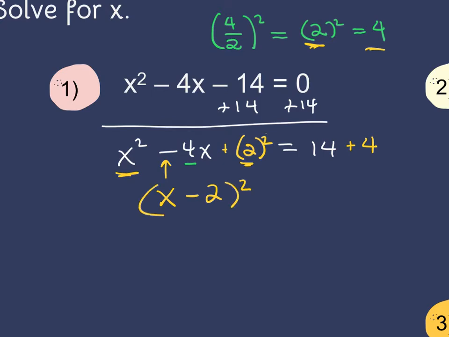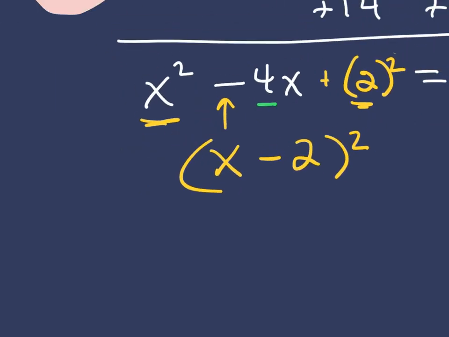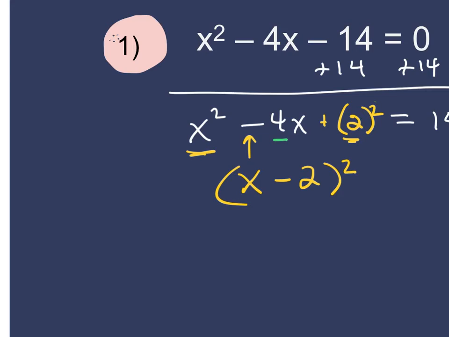I just factored that perfect square trinomial, which really should say x squared minus 4x plus 4. Factors of 4 that give me -4 are -2 and -2. And again, it's a binomial squared. This will always produce a binomial squared because what we just created here is a perfect square trinomial.